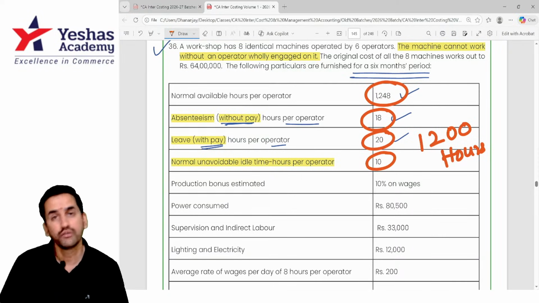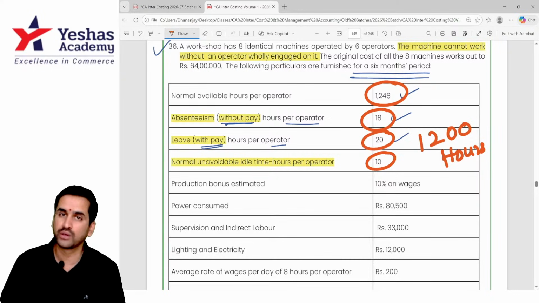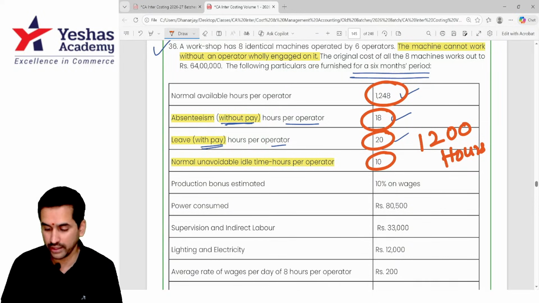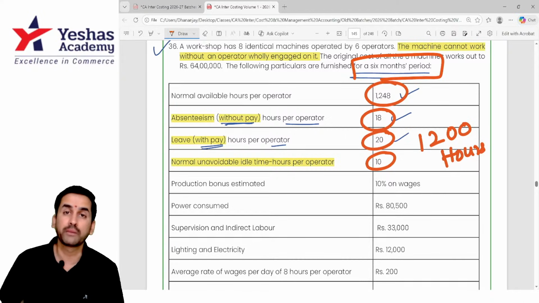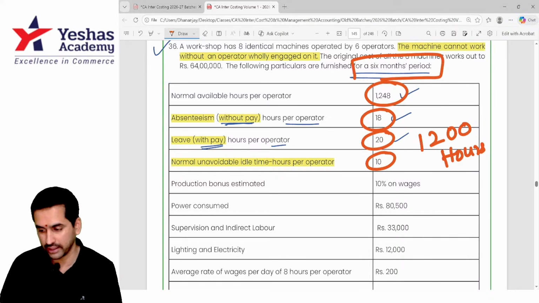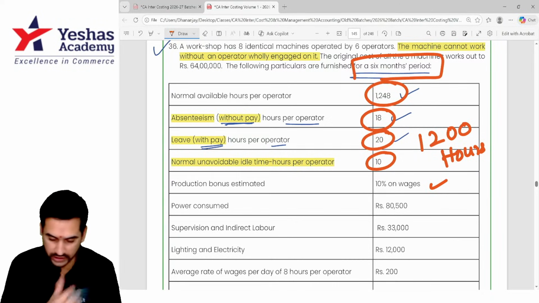The number of hours for which labor is working. This itself should be understood as the number of hours for which the machine is working. Are we okay? But this is for a 6 months period. If I want per annum, this should be multiplied by 2.